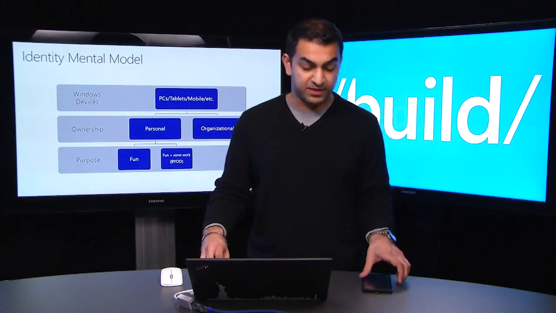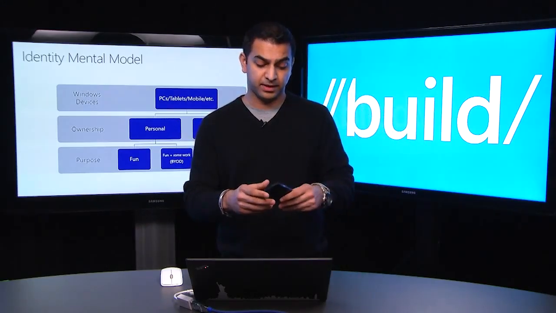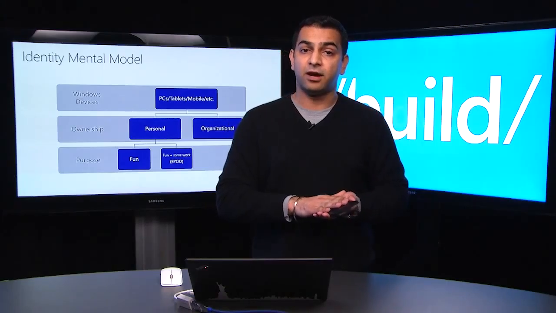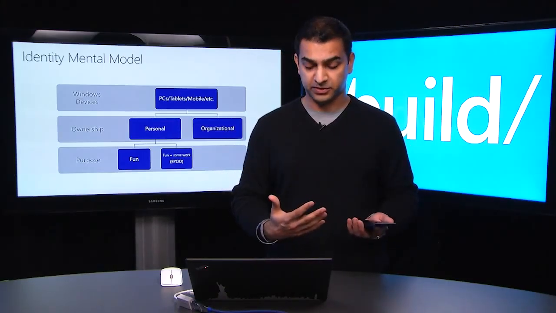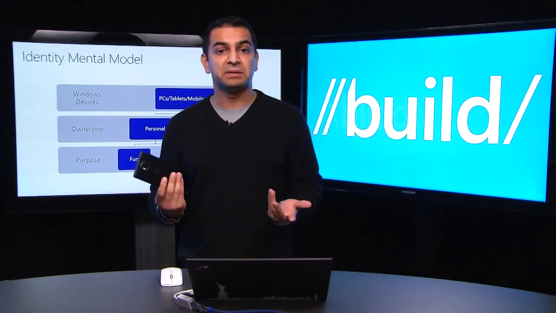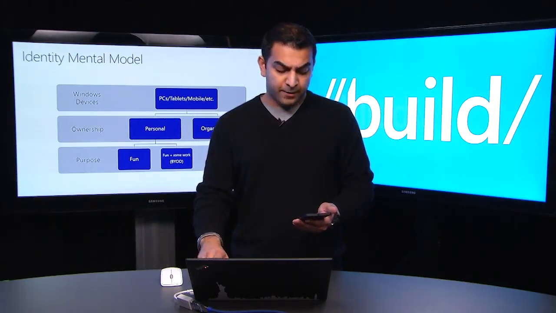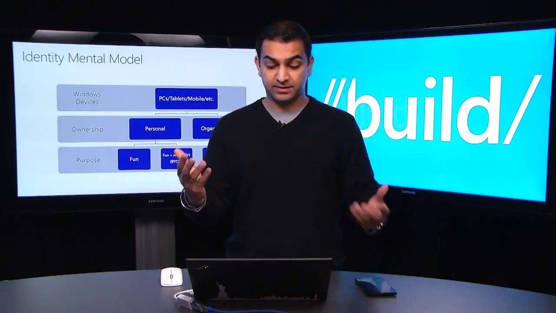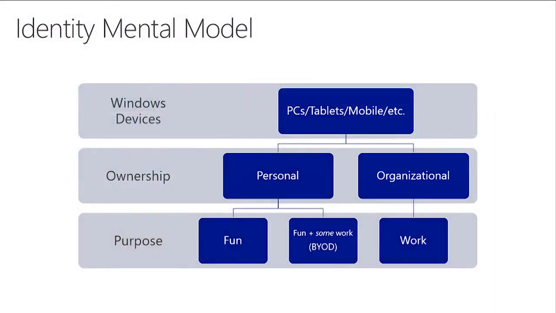If this phone I have with me right now is my device, obviously I use it for my personal use. At the same time, I do find myself setting up my work email so that I can check my work email as well as calendar invites. If a device, like this laptop that I have, is owned by my company, I primarily use this for work.